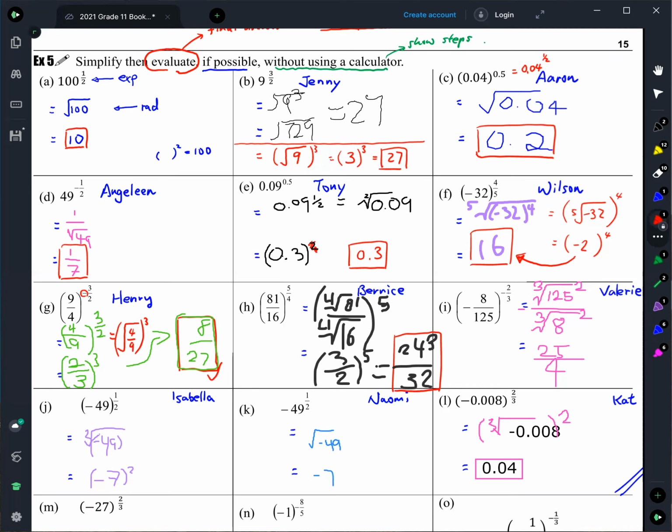Okay, so Valerie's answer here, there's a negative. This negative is a tricky part. You see the negative is in the brackets in the question. So make sure you include the negative with one of the numbers. You either put it with the 125 or the -8.